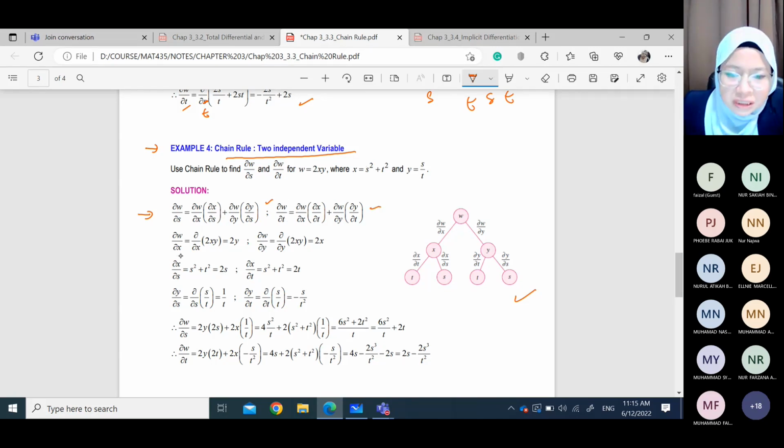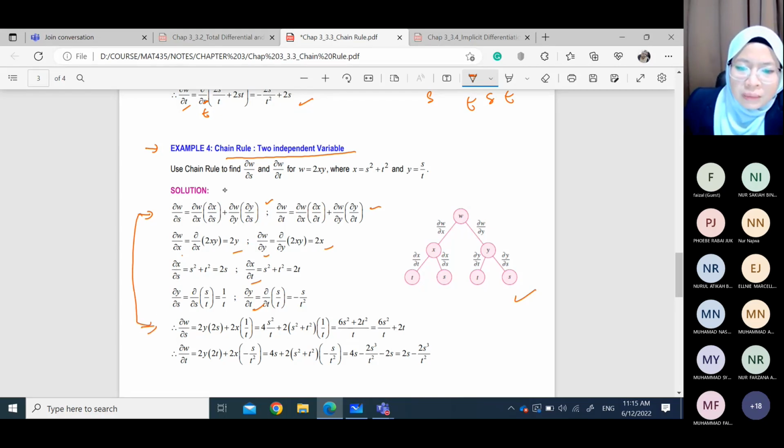And then we differentiate each of it, partial derivative respect to X and Y on W. So here we have 2Y to X. And the partial derivative respect to S on X and Y also. And partial derivative respect to T on X and Y.